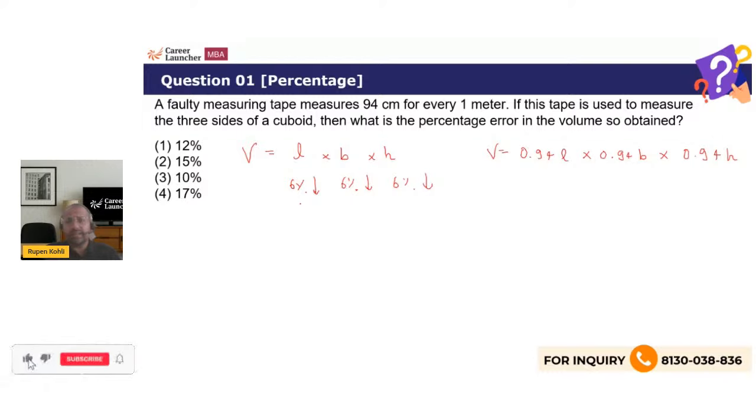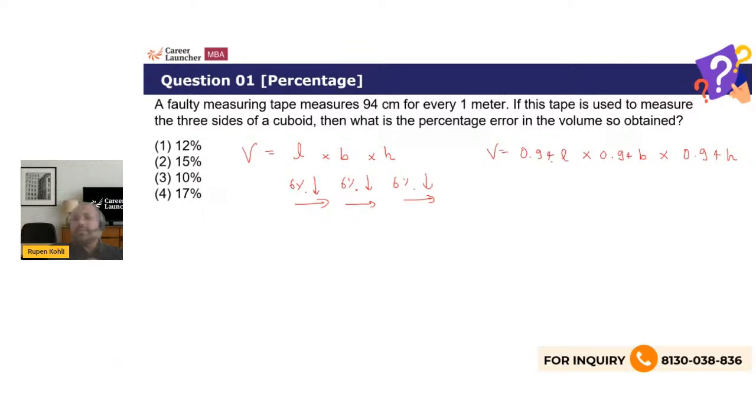I don't know how quick you can calculate a cube of 94, or you understand that this is a successive percentage change that is happening effectively: 6%, 6%, 6%. So apply the concept of successive percentage change.